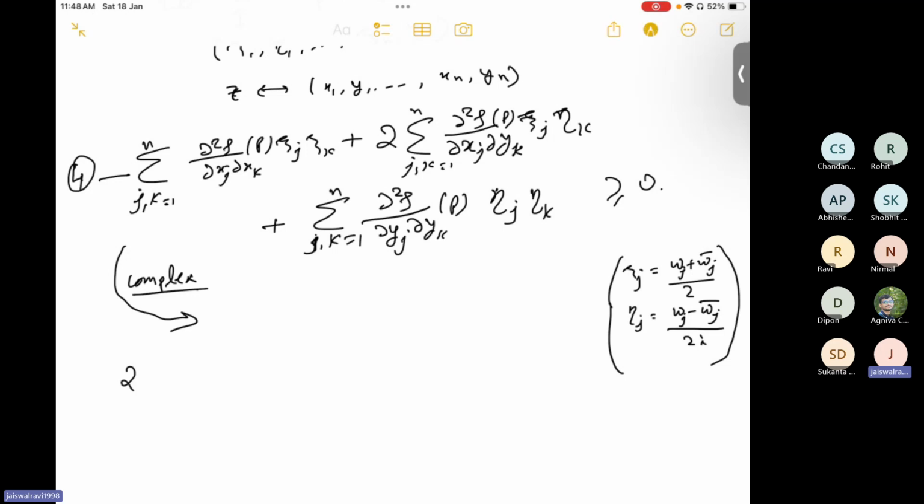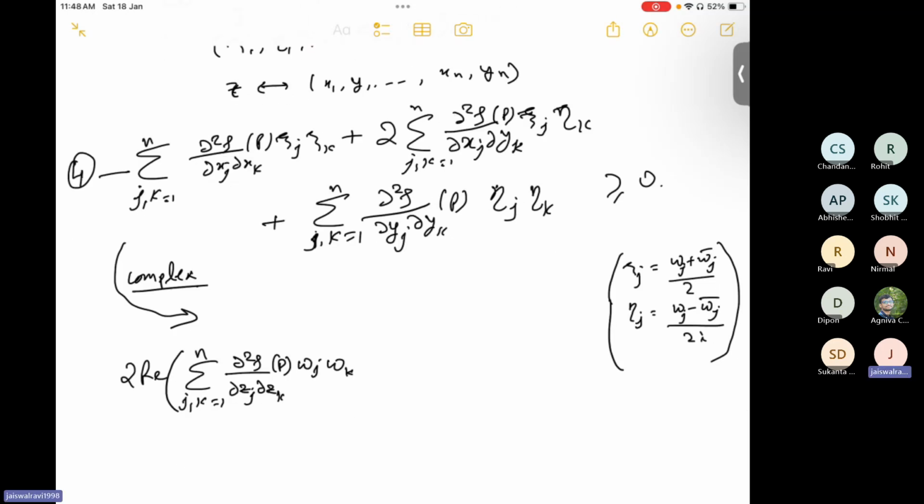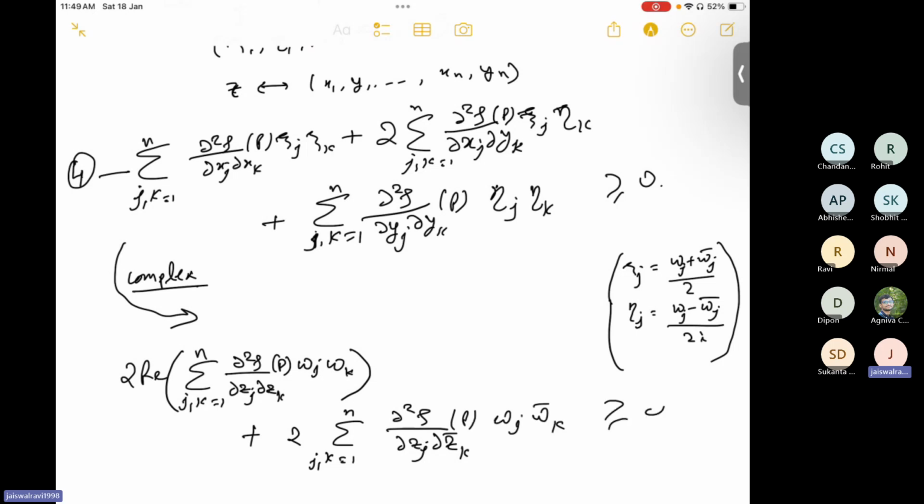So we'll get 2 times the real part of the sum over j, k from 1 to n of del square rho by del zj del zk at p, wj wk, plus 2 times the sum over j, k from 1 to n of del square rho by del zj del zk bar at p, wj wk bar, which is positive.